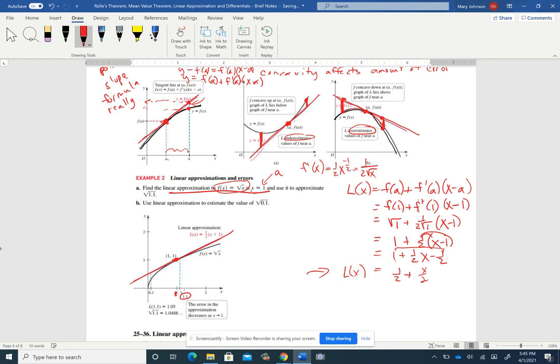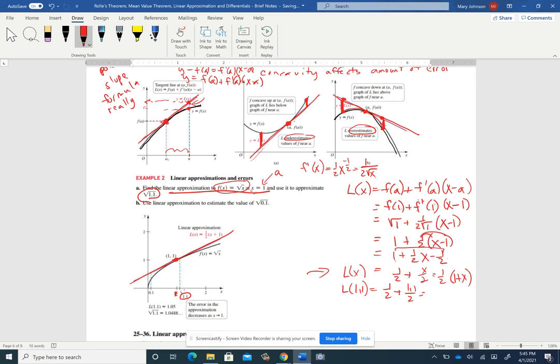then this would be a good approximation. And so if you want to know how to use it to approximate the square root of 1.1, what you're going to do is just find L of 1.1. So it'd be 1/2 plus 1.1 over 2. Or you could have factored out the 1/2 like they did if you wanted to, and write it as 1 plus x or x plus 1, either way.